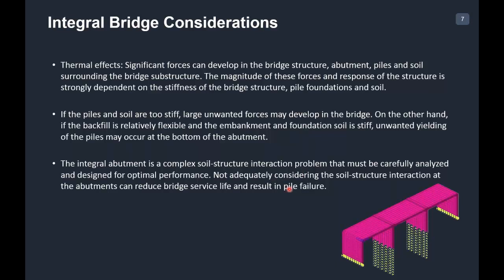Not adequately considering the soil structure interaction can reduce bridge service life and result in pile failure. So you need to consider this, including the soil, as a whole problem. Not only focus on the structure, you also need to model the soil around this bridge.